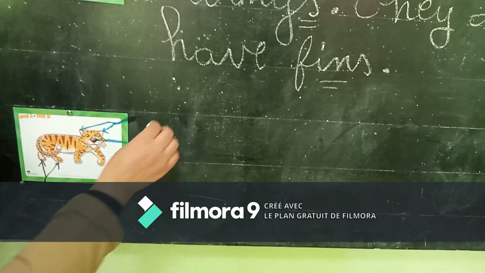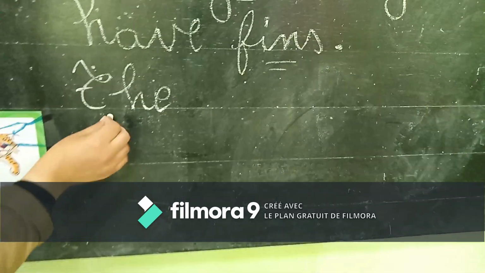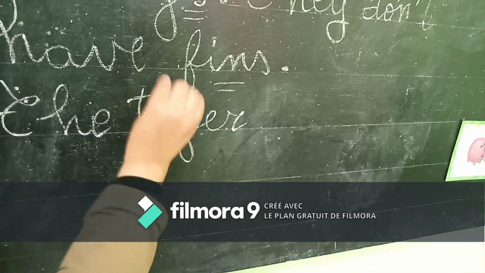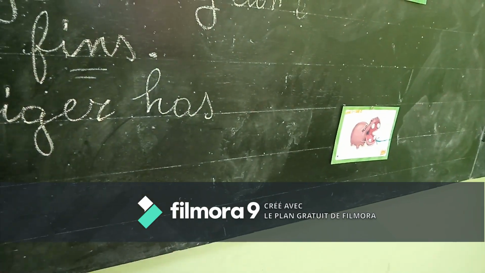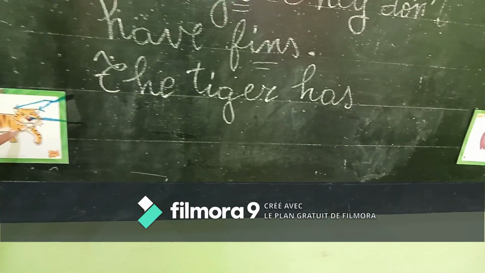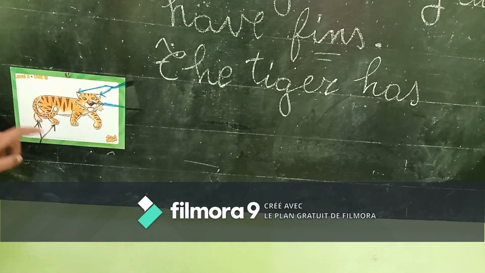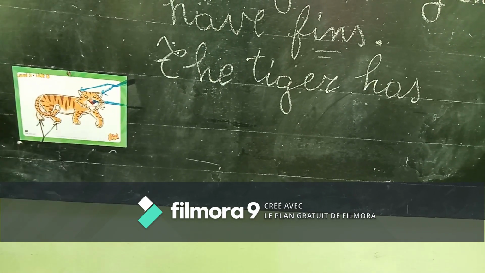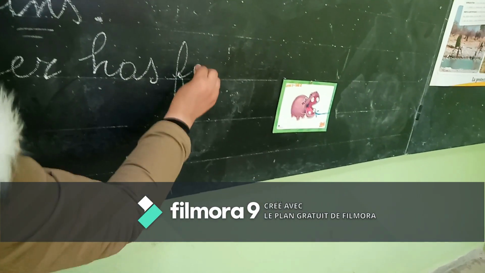We say the tiger has, for example, let's say he has feet. We're going to say the tiger has 4 feet.